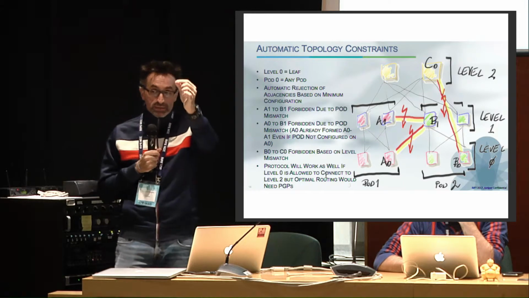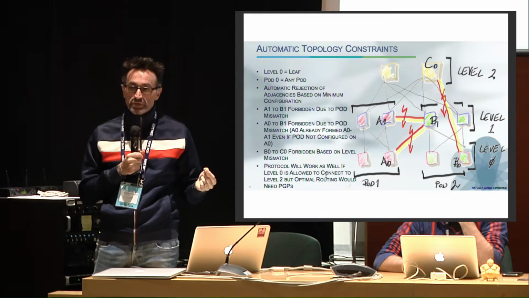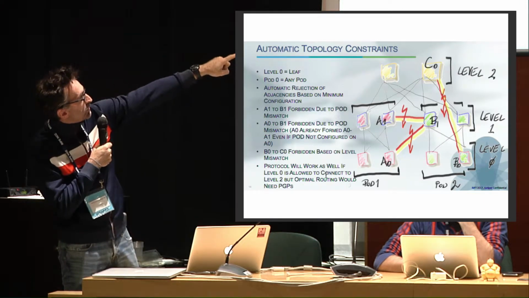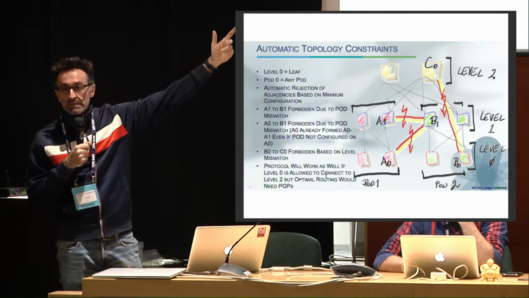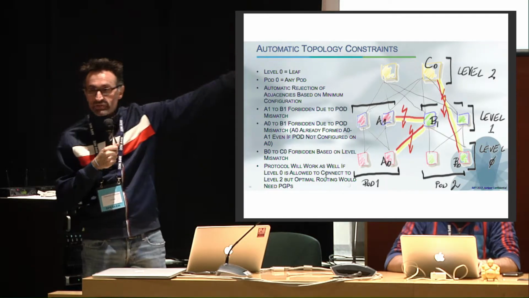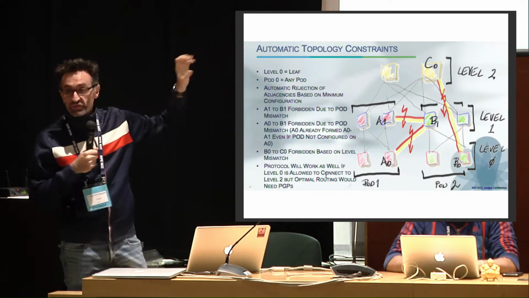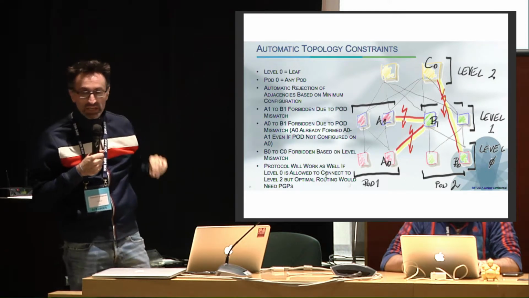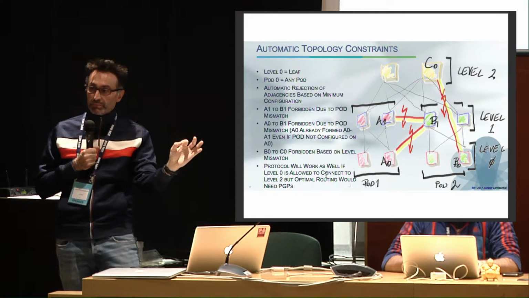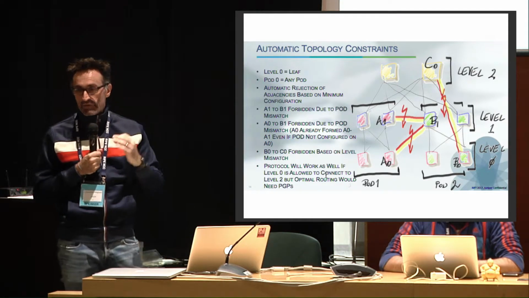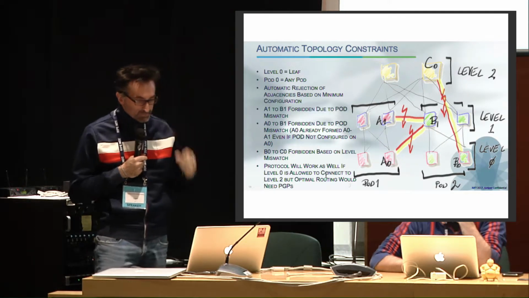If it's greater than one, I cannot establish the neighborship, and this is reported as cable misconfiguration. If you take a look at the cable that goes from B0 to C0, the level difference is not higher than 1 because it's a connection between level 2 and level 0, and so the neighborship can be established. Okay? And this was strict in draft version 2. Now it's more relaxed because Rift now supports east-west neighborship, and so if the level difference is 0 or 1, then the neighborship can be achieved.